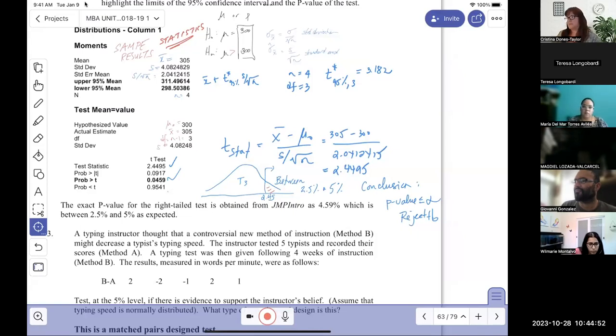You could have done the two-tailed test. In the two-tailed test, the p-value is 10%. And how do you conclude? You should conclude the same way, right?